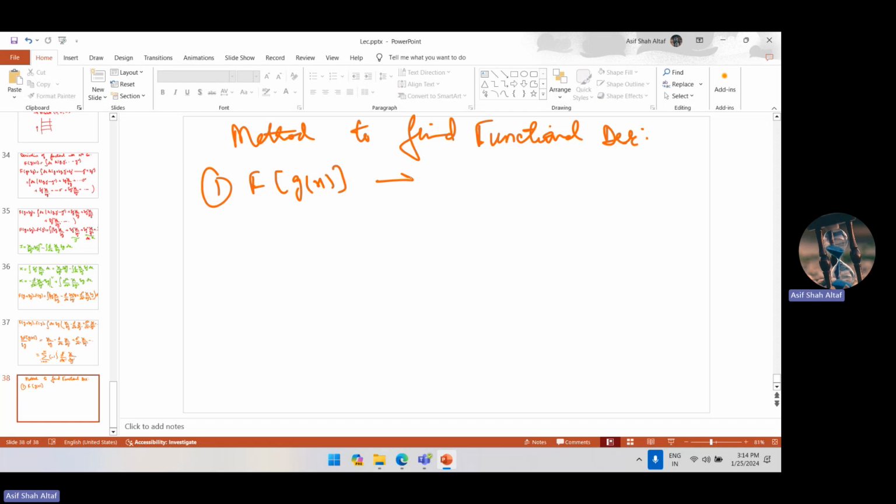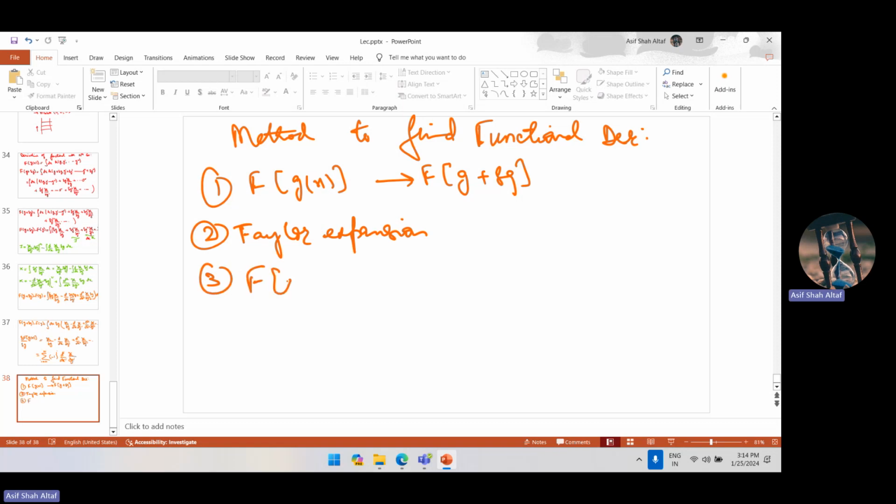The first step is to find the change in g. The second step is to do a Taylor expansion wherever possible. The third will be to calculate f of g plus delta g minus f of g.